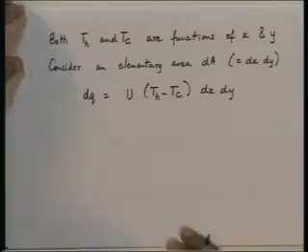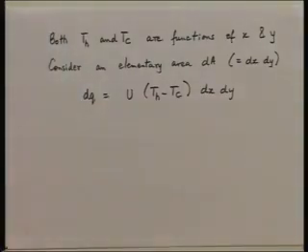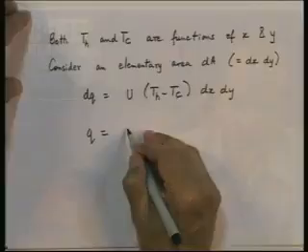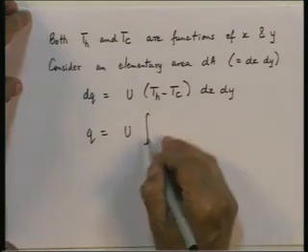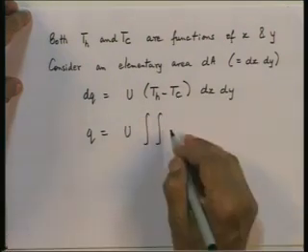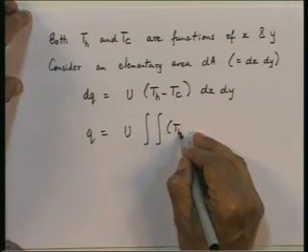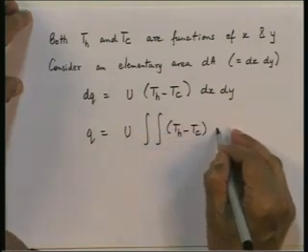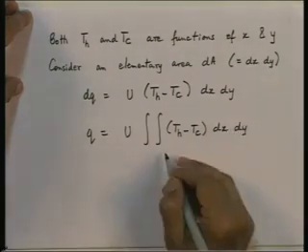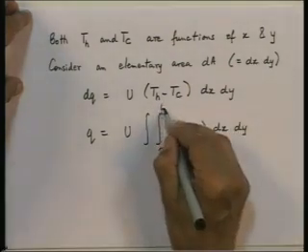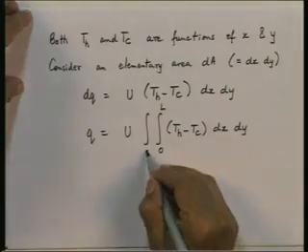If we assume U to be a constant and integrate over the whole area A of the heat exchanger, we will get q is equal to U times the integral, we will now have to do a double integral, of (Th minus Tc) dx dy, where the integration over x is from 0 to L and the integration over y is from 0 to b.